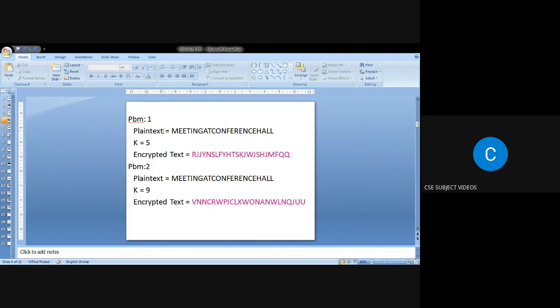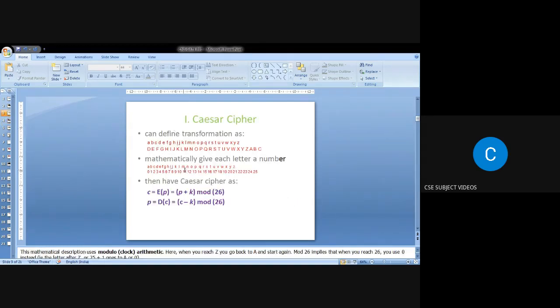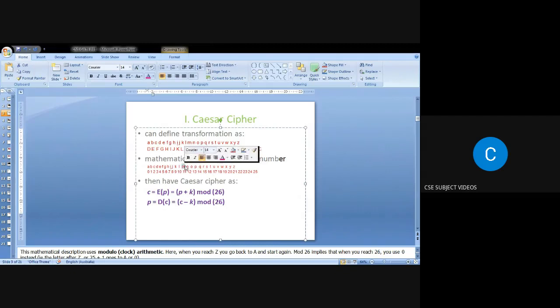Now we take the letter M with the key 5. What is the answer?